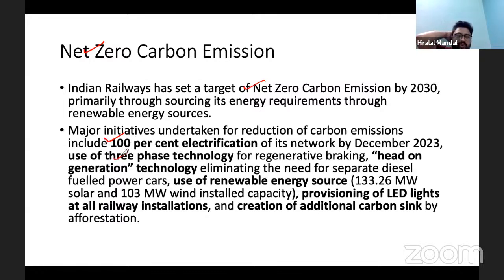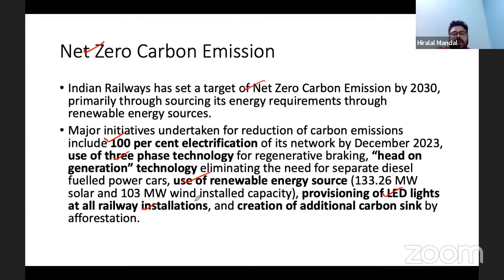It has also focused on new technologies for head-on generation. Similarly, it has emphasized the use of renewable energy sources, and LED lights for energy efficiency have also been installed at various railway stations.